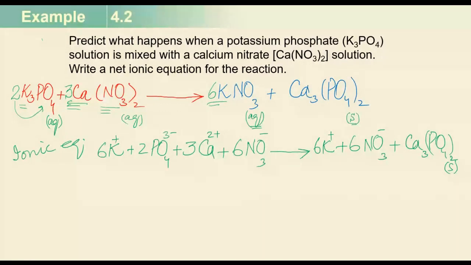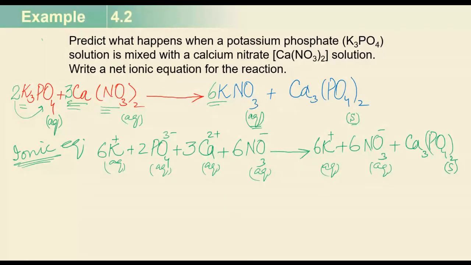Now you will write AQ, AQ, AQ here. Now this equation is known as the ionic equation. Any question from your side? Yes, boys.